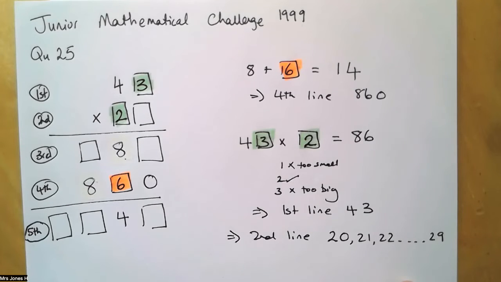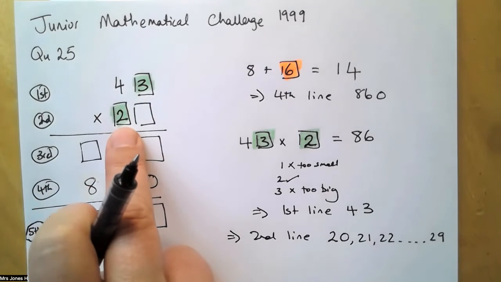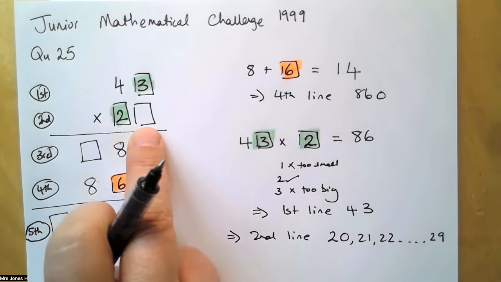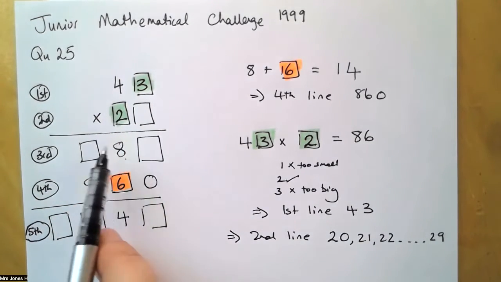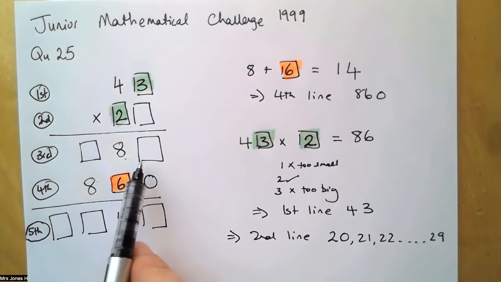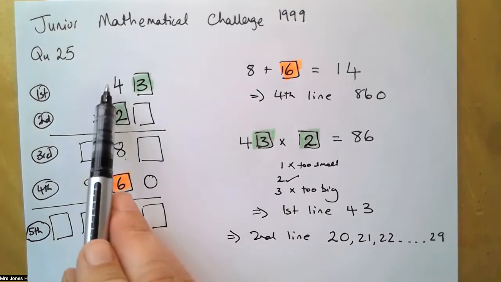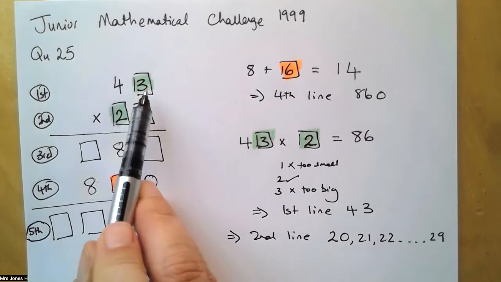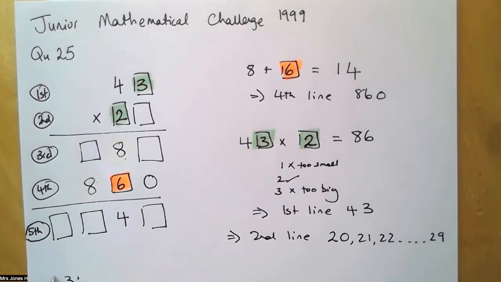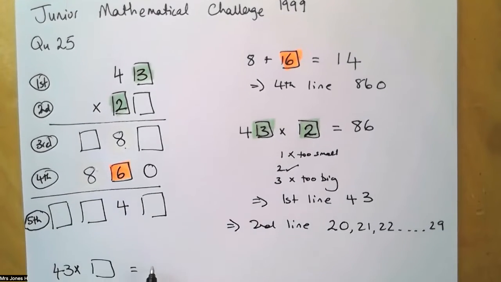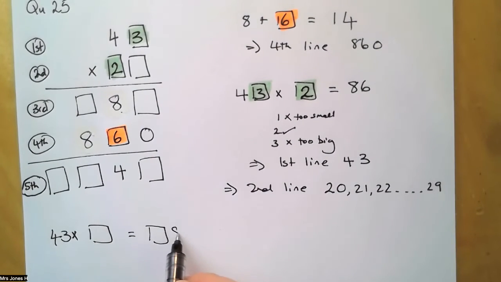Now, if we use this information and we think about the fact that we're doing 43 multiplied by 20 something, we need to take 43 multiplied by something is going to equal something 8 something. So it needs to be a 3-digit number that's a multiple of 43, and that has an 8 in the center position here.